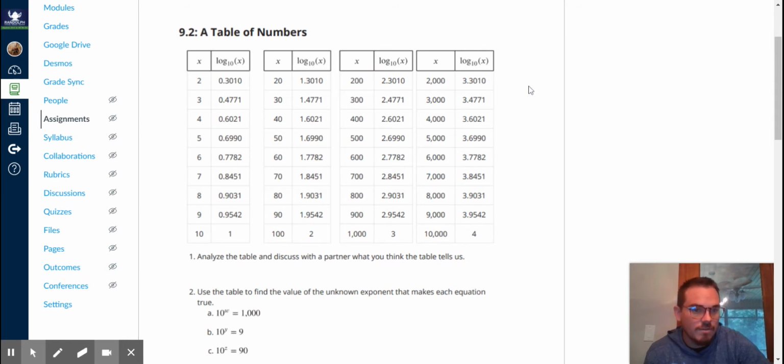So the next one would increase by 10,000s until it got to 100,000, and then we could continue that trend. But also notice at the very last row in each of these columns, log 10 of 10 is 1, log 10 of 100 is 2, log 10 of 1,000 is 3, and log 10 of 10,000 is 4.